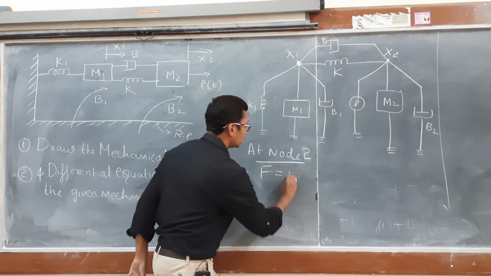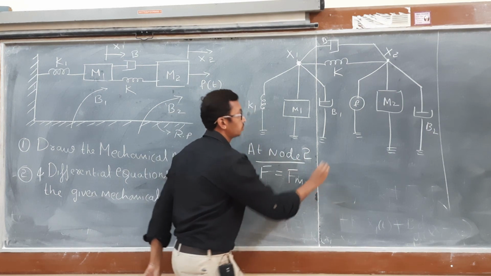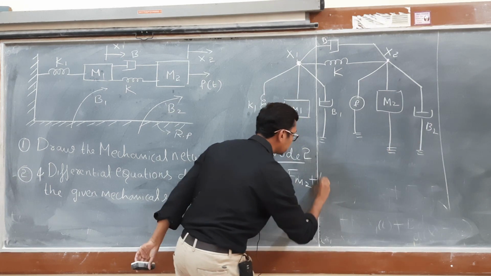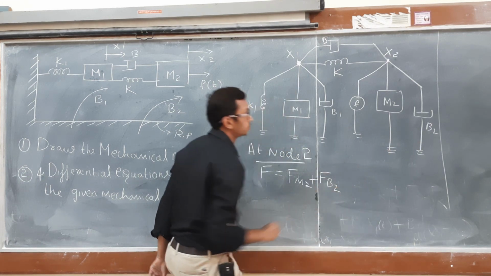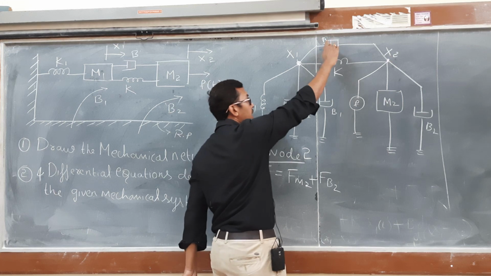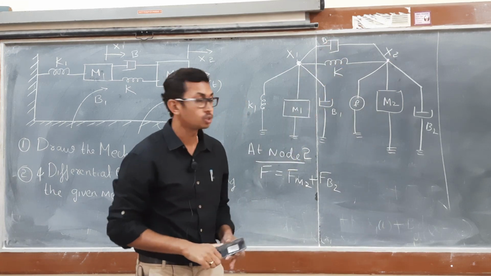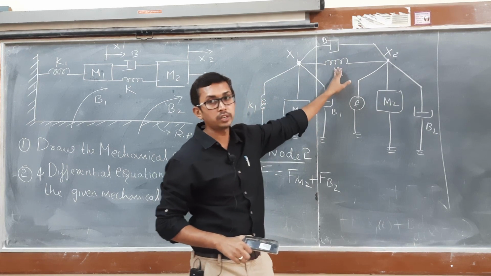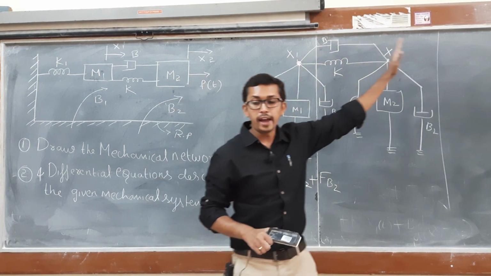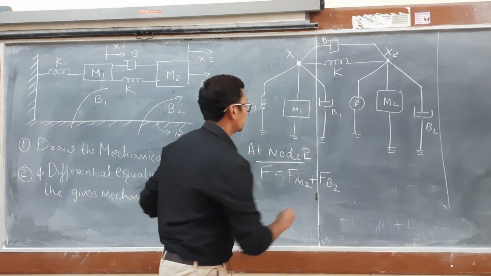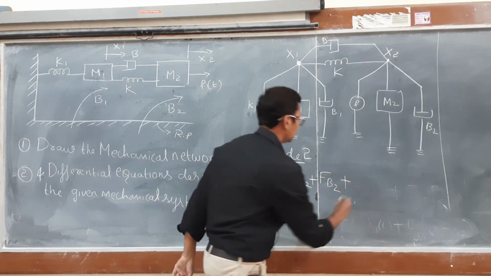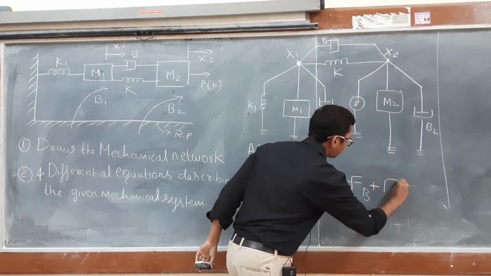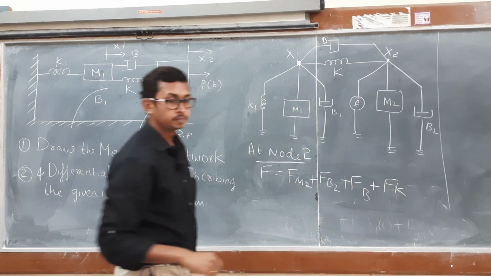That will be F of M2, F of B2. Next, B and K are also associated with node 2, and these two components are associated with both x1 as well as x2. So this will be plus F of B plus F of K.